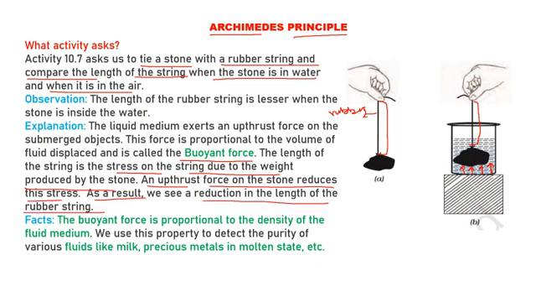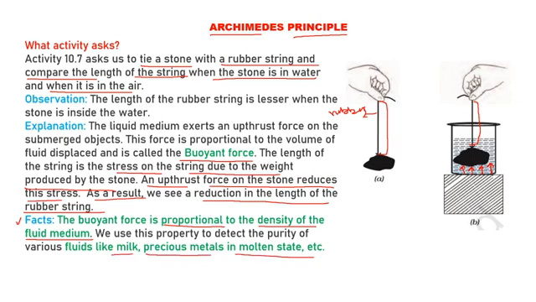Now, the fact related with this experiment: the buoyant force is proportional to the density of the fluid medium. We use this property to detect the purity of various fluids like milk, and precious metals in molten state.